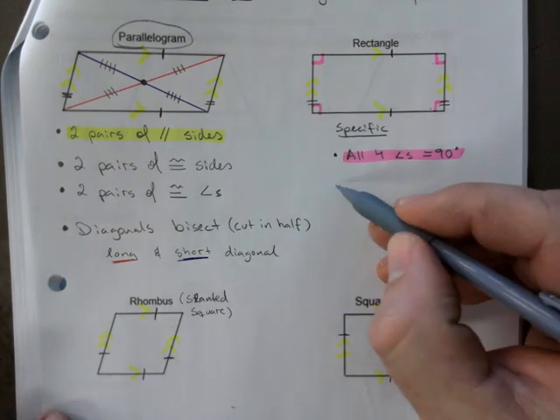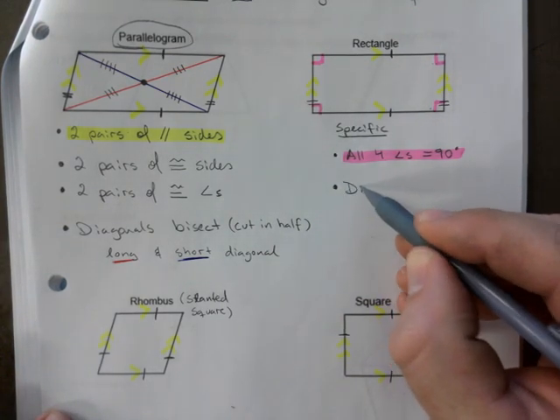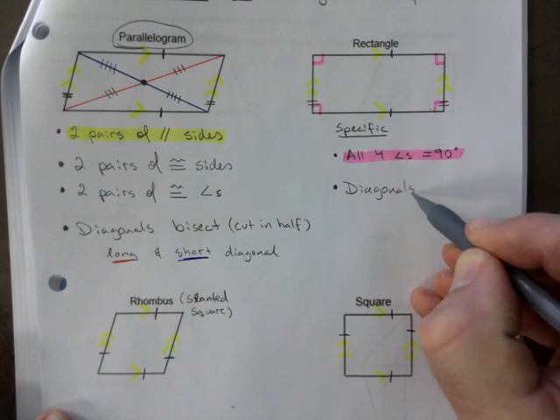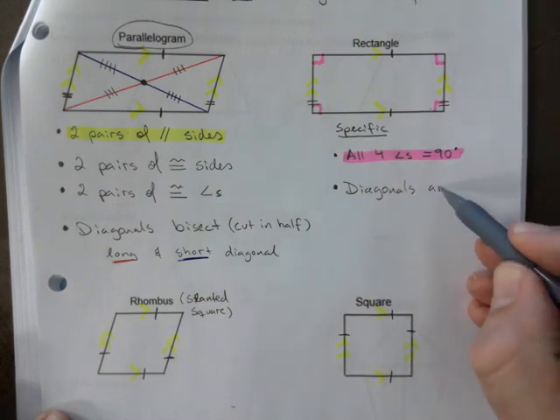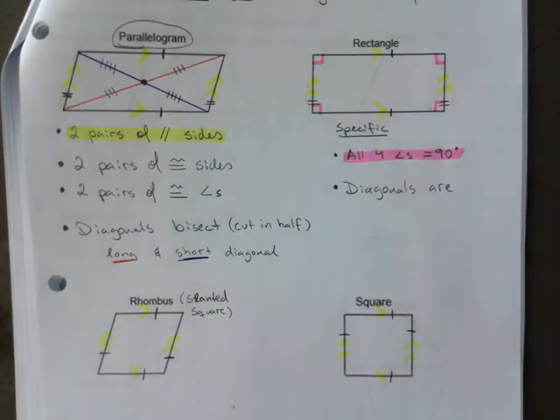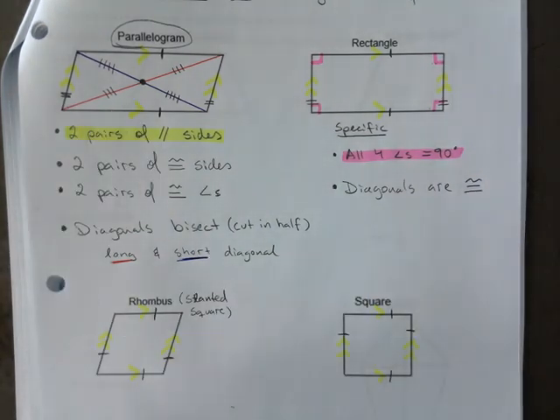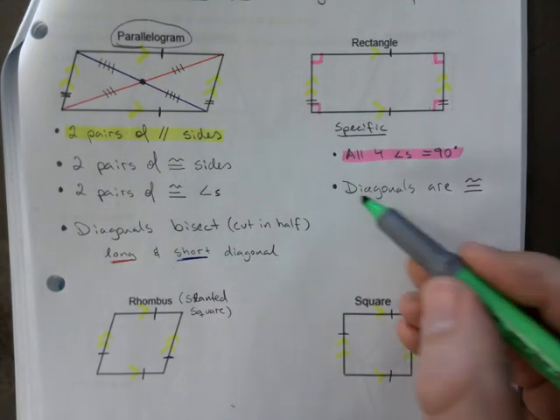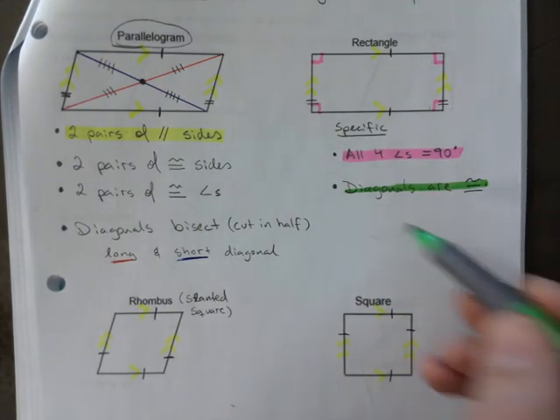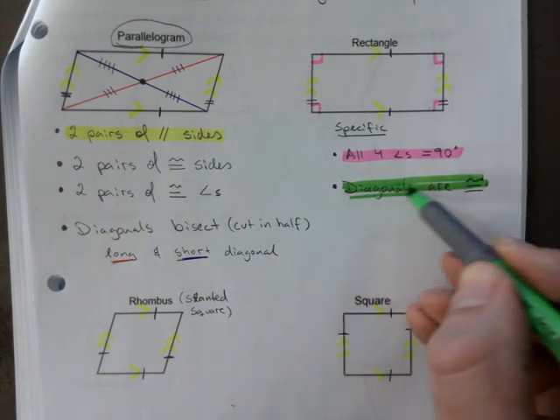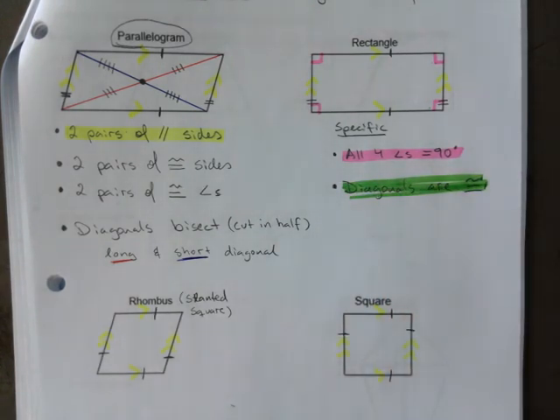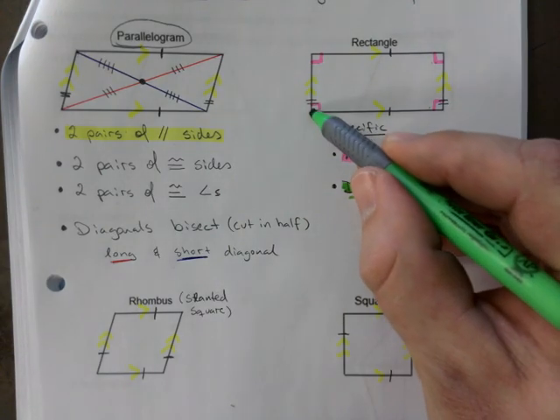And another thing is that the diagonals, would they measure the same, guys? Would there be a short and a long one, or would they be the same? They would be the same, yeah. So that makes it different, okay? So I'm going to use green for that. Whatever you have, just be consistent because it's going to come back later. So I'm just going to make your diagonals.